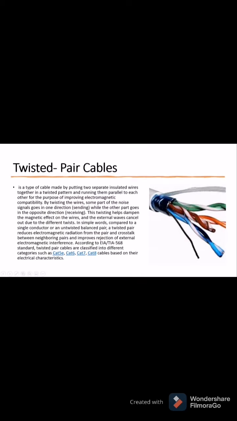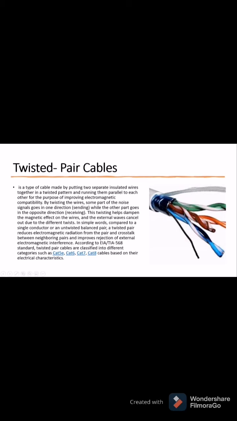Twisted pair cables. This twisting helps dampen the magnetic effects of the wires, and the external waves cancel out due to the different twists. According to the TIA/EIA 568 standard, twisted pair cables are classified into different categories such as Cat5e, Cat6, Cat7, and Cat8 cables based on the variety of broadcasting.